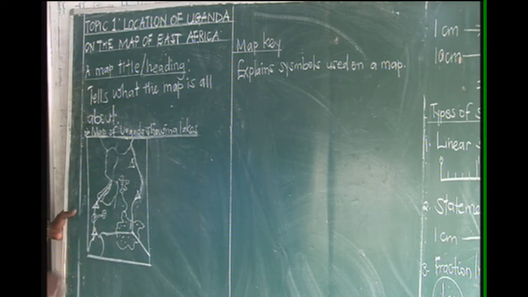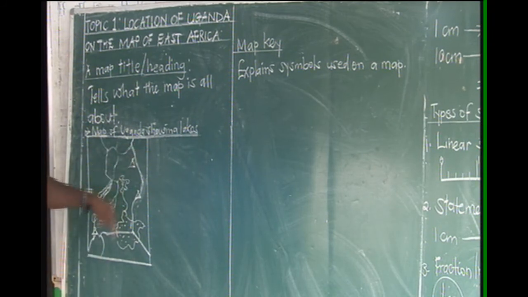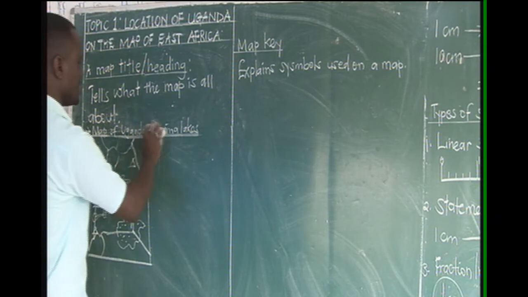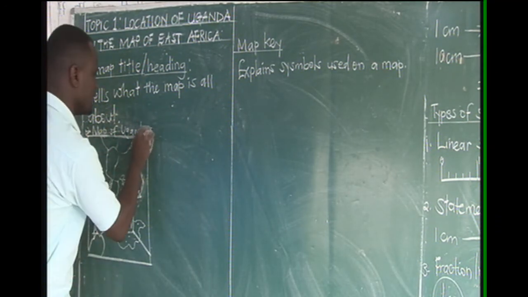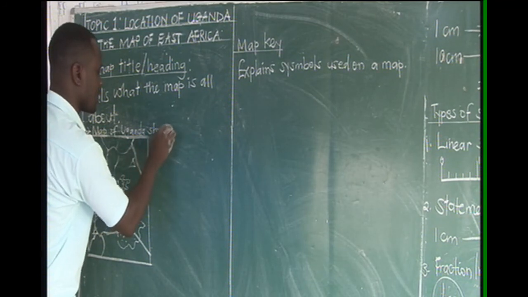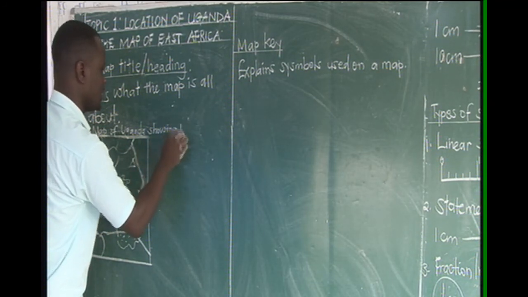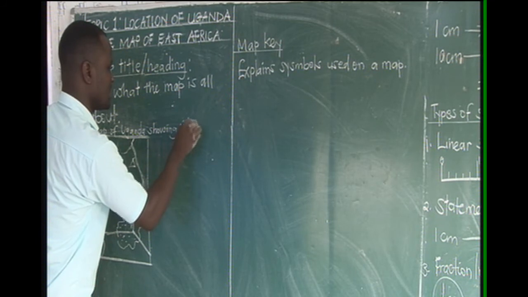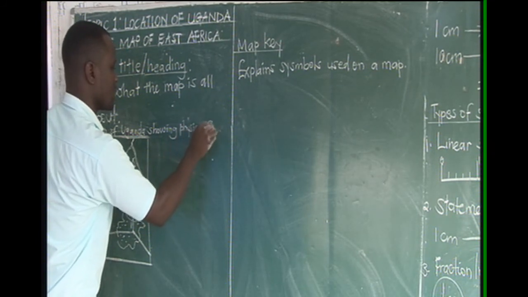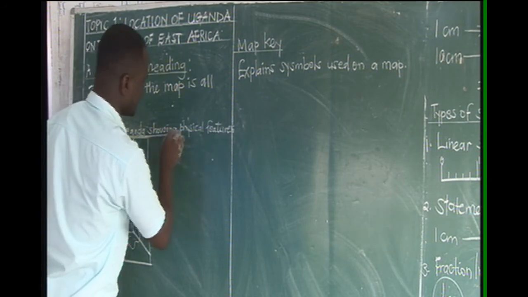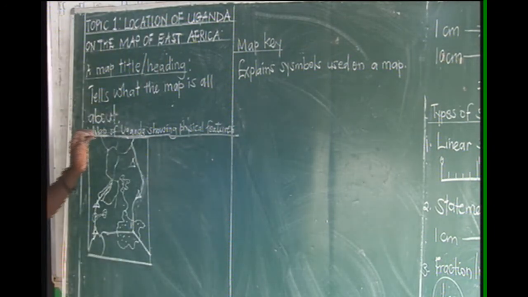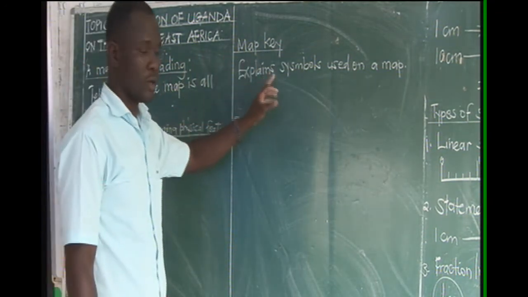So this one will not again be for only the lakes, but now we have brought in other things. So these ones will now be physical features. Map of Uganda showing physical features. We are giving this as an example for us to understand the symbols.